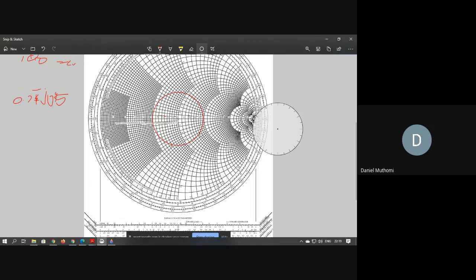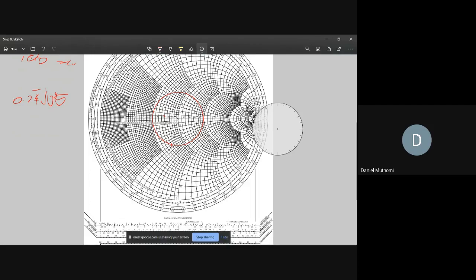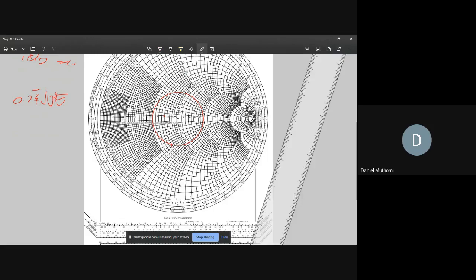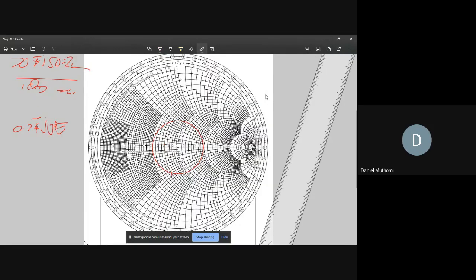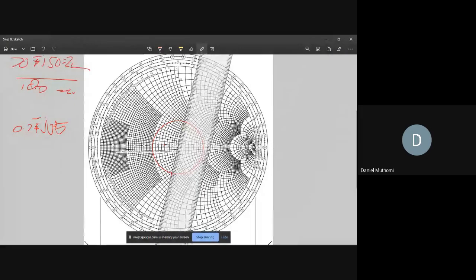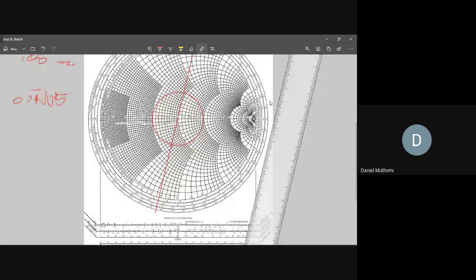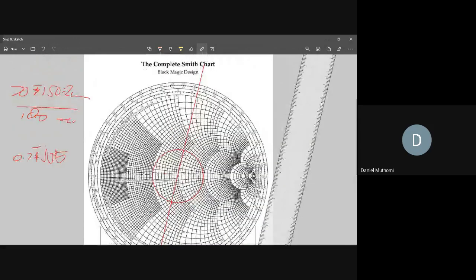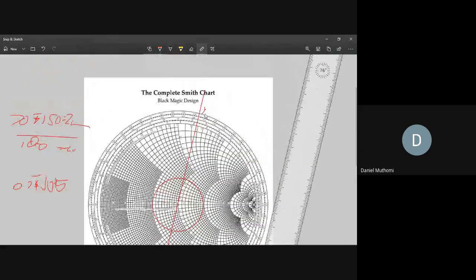At this point, you can also draw the ZL line so that you can get the admittance also. So that's ZL, and completely opposite will be YL.